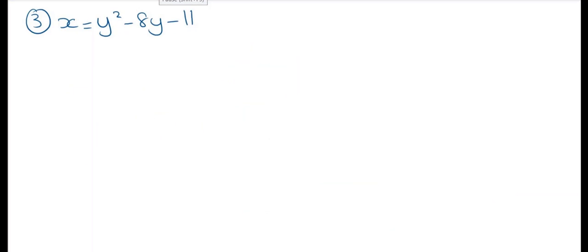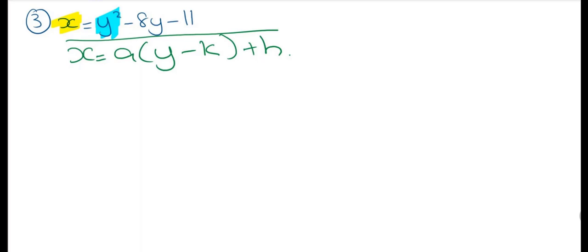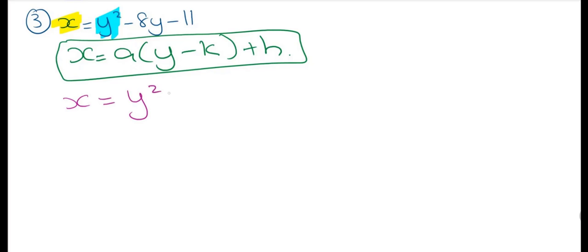Okay, question 3. So this time it's x is equal to, and it's a y squared. So we're going to use a different formula. So we've got x is equal to a(y minus k) squared plus h. So the h and the k have swapped places. So we would factor, but we've only got a coefficient of 1, so we can just complete the square. So y squared minus 8y.